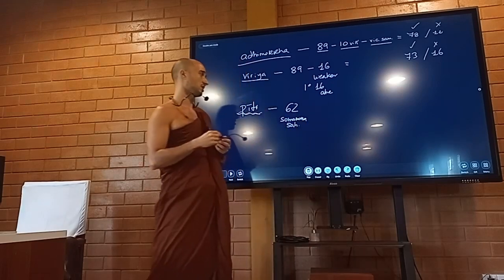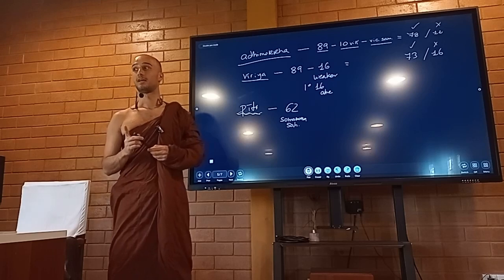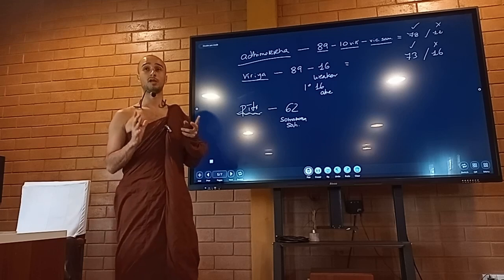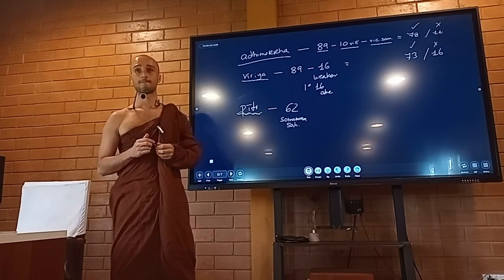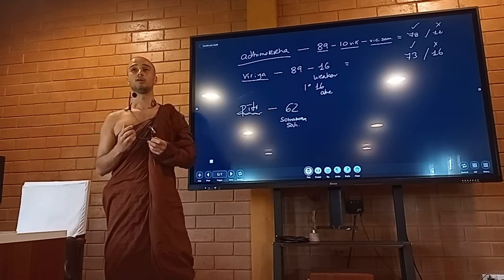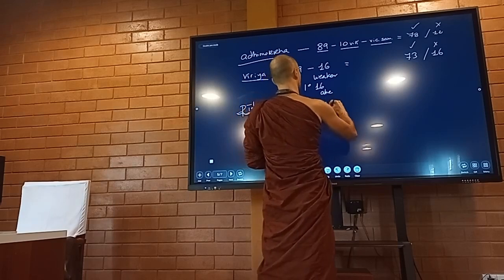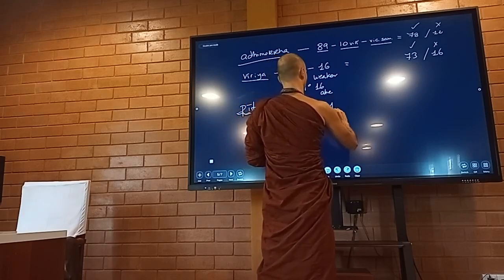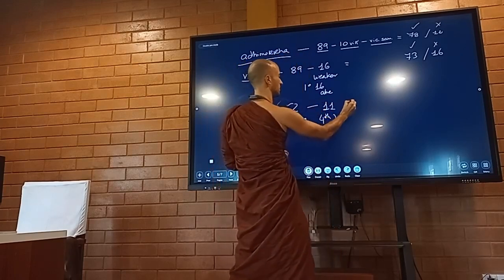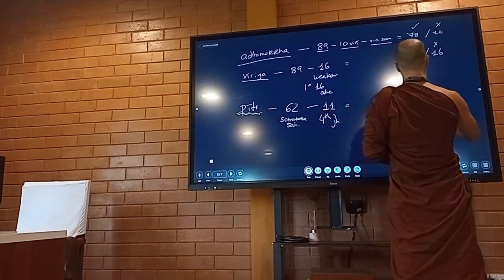These 62 Somanasa Sahagatas include the jhanas, and the 4th jhana has no Piti. That's the difference. How many 4th jhanas? Remember the jhana chart? 11, 11, 11, 11, 23. So 11 for the 4th jhana. Minus 11, that's 51, where it does not occur.